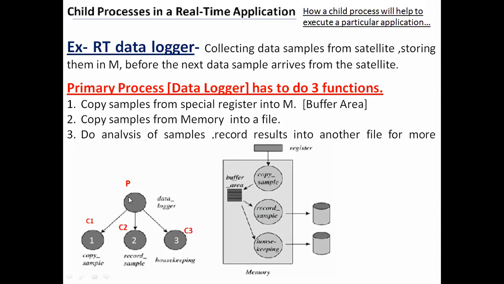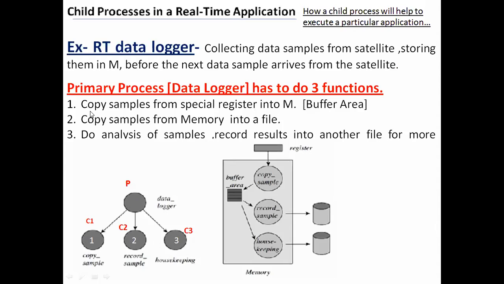In turn, this parent process is divided into several child processes, where C1, C2, C3 are the child processes, and the function of each child process is mentioned right below.